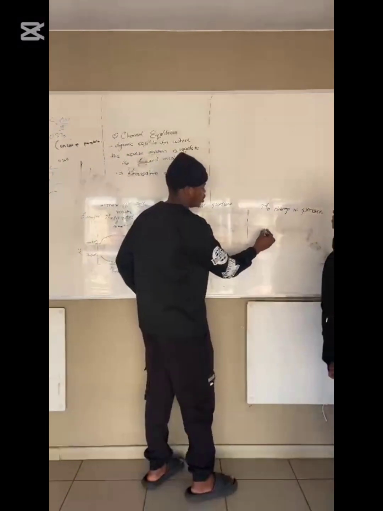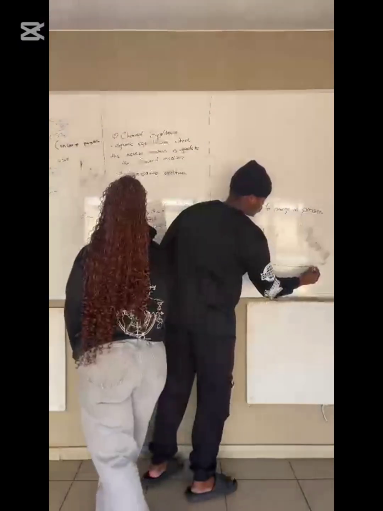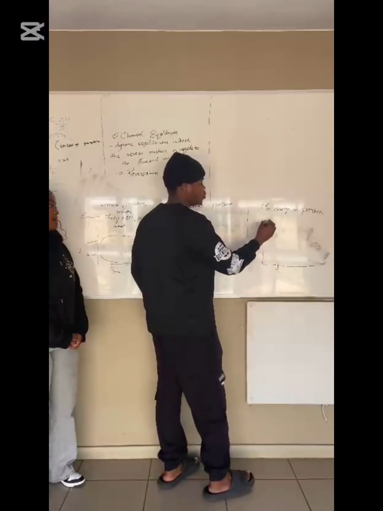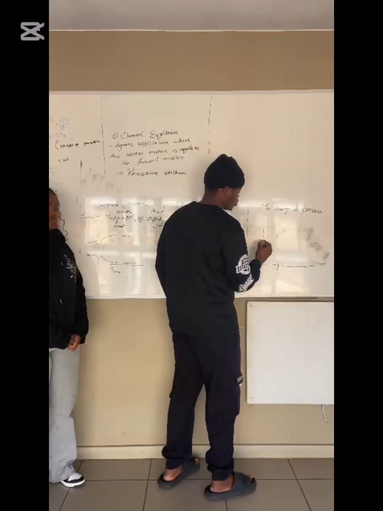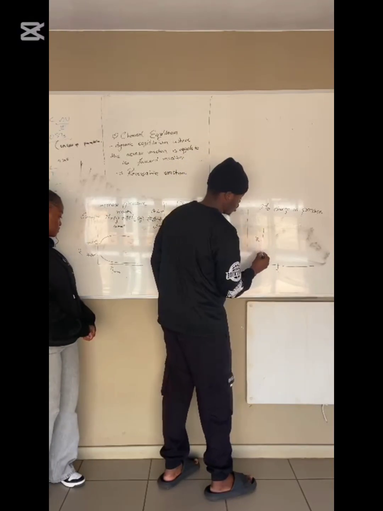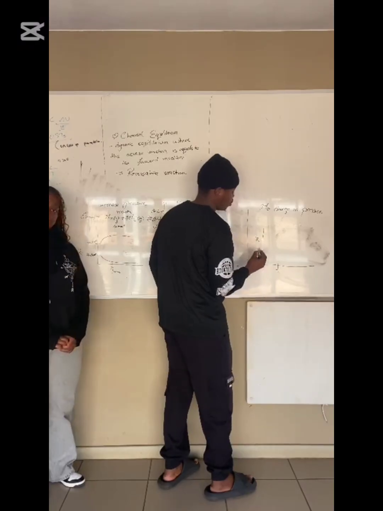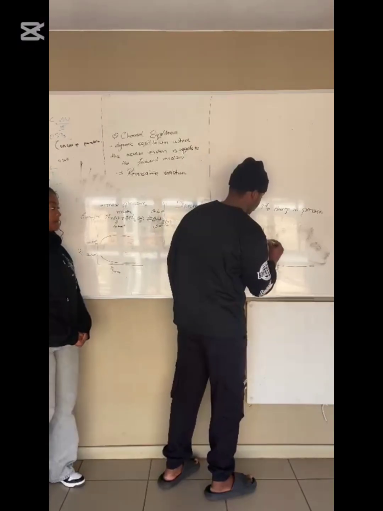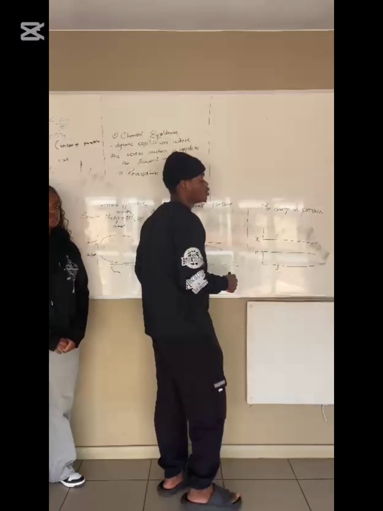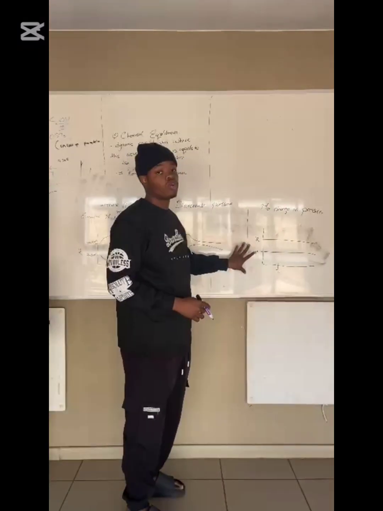The last graph we're going to have is for when there is no change in pressure. These are our reactants and these are our products. It is said that there won't be any change, so the graph does not shift and does not increase or decrease.